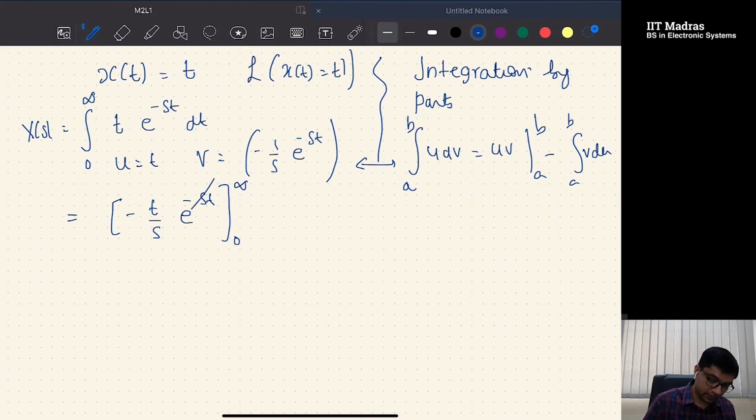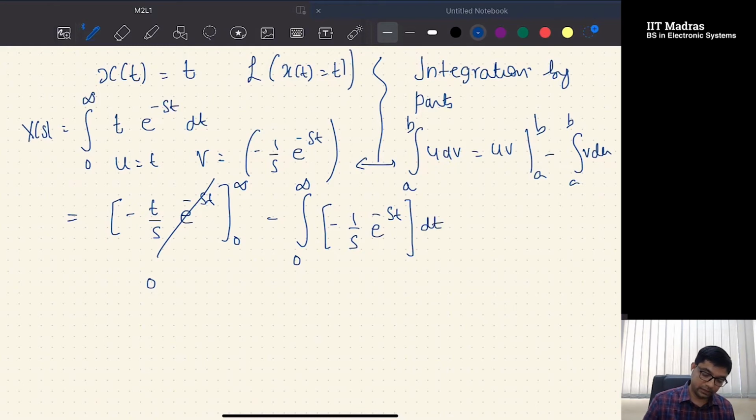This nicely goes to 0, and then I have negative of the integral from 0 to infinity of v, that is minus 1 over s e power minus st, du is just 1, and dt. So this is now simple to compute. What we will be left with is 1 over s square. So the Laplace transform of x of t when x of t equal to t is simply 1 over s square.